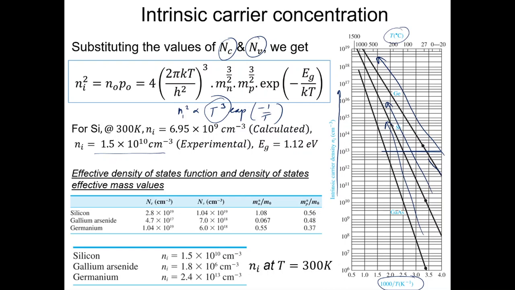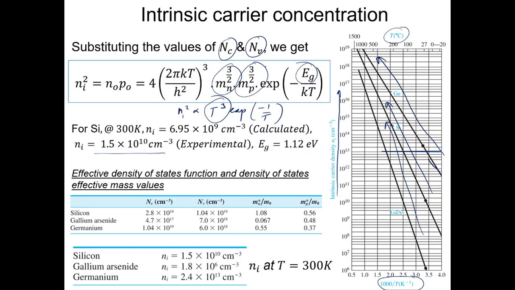And if the Ni increases to the order of the background doping, the doping that you have introduced for electrons or holes, then the function of the semiconductor device will be seriously affected, and if Ni exceeds the background doping, the device will not behave the same as the intended device, right? And as you can notice, this is a strong function of the effective mass and the band gap.